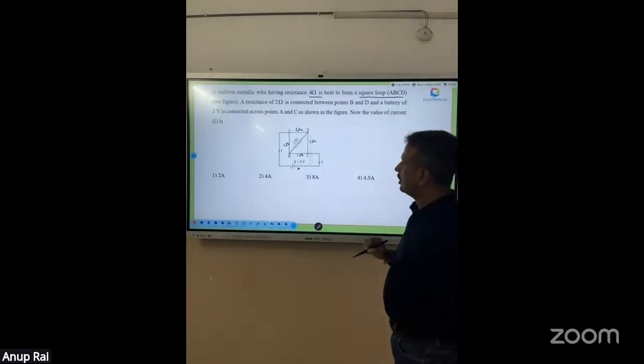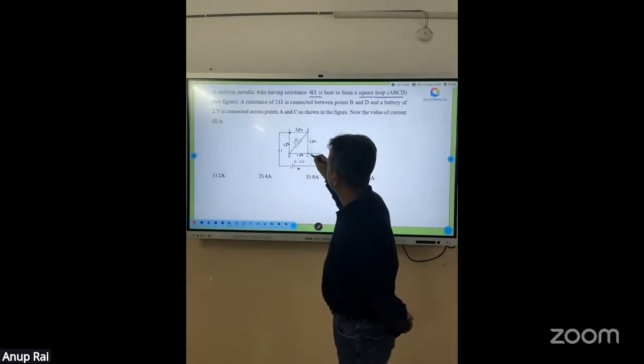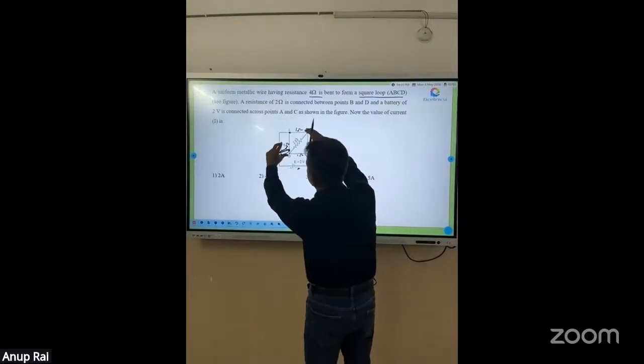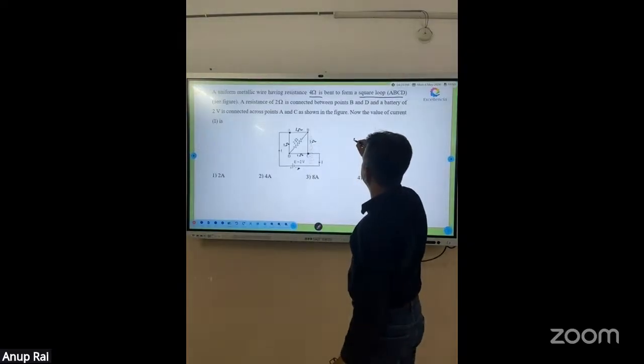If you observe it carefully, this is exactly similar to the balanced Wheatstone bridge. If you change it a little bit, point A will come to this side, so it can easily be redrawn like this: A to B, B to C, and then here this can be changed like this.